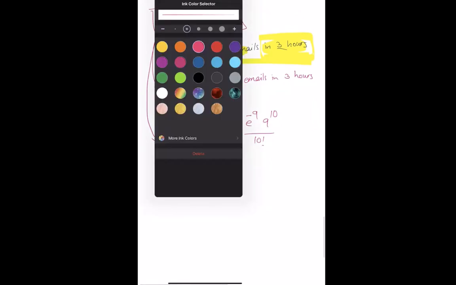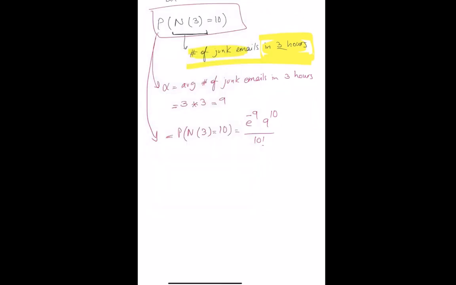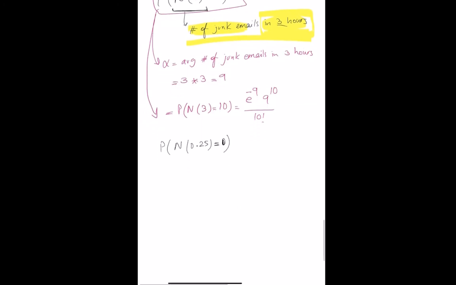Okay. If I ask you, what is the probability that the number of junk emails that you get in 15 minutes, which is 25%, or 0.25 of an hour, is 1, let's say, or 0. Now my random variable is the number of junk emails in 15 minutes.